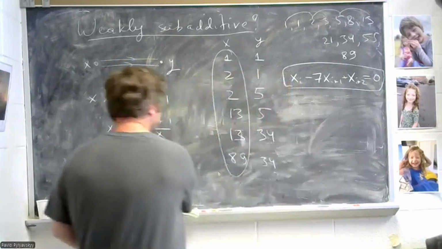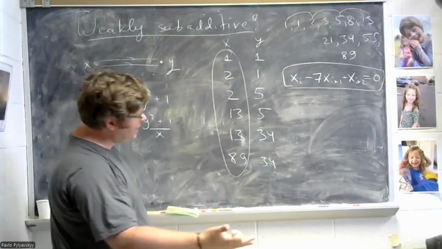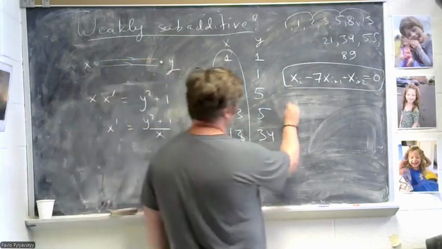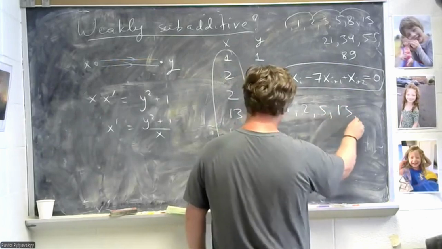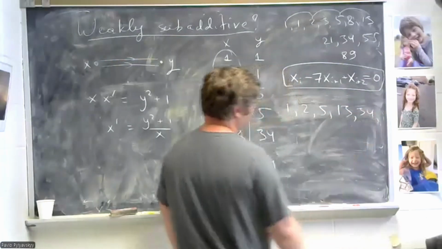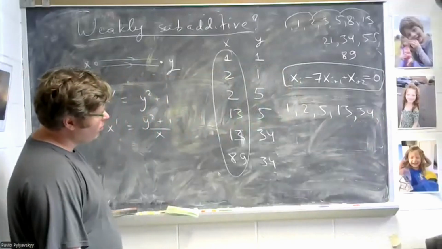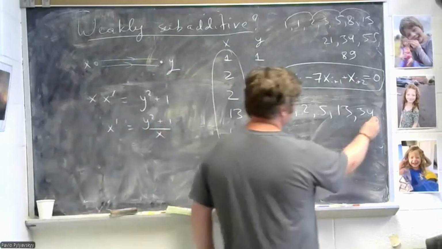Let's just treat it as not two separate sequences. Let's treat it as one sequence: 1, 2, 5, 13, 34, etc. I claim that even this sequence satisfies a linear recurrence.